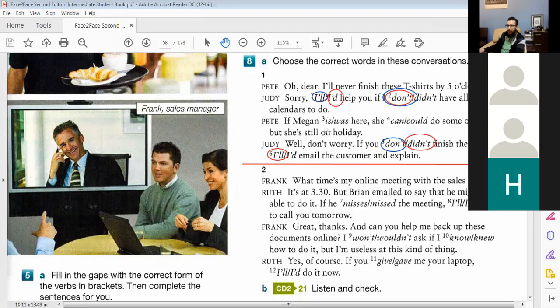So let's use blue from the beginning because it's yours. Okay, what about your answers, Malak? I'd help you if... like blue or like red? Red. Okay. And "don't" or "didn't"?